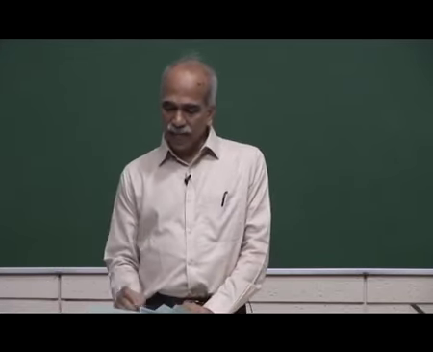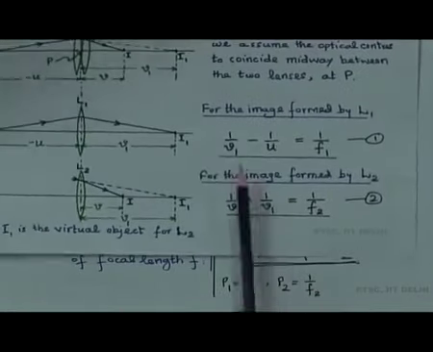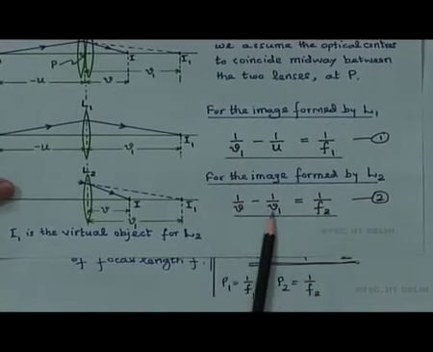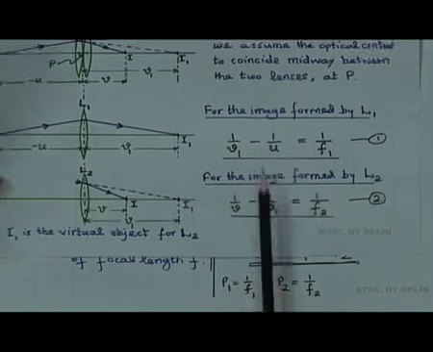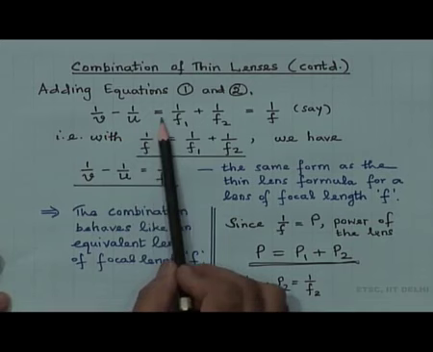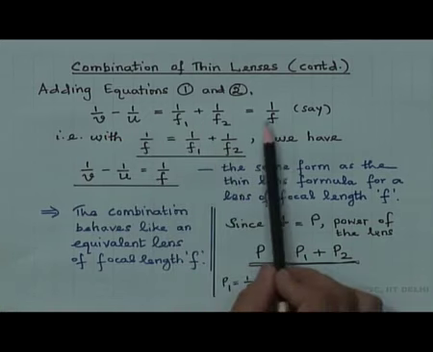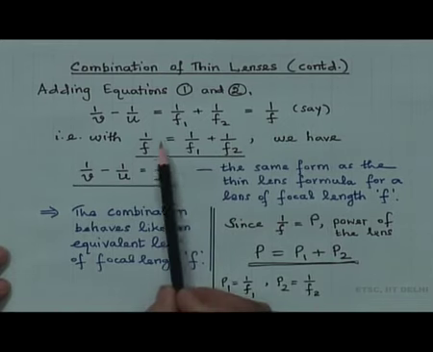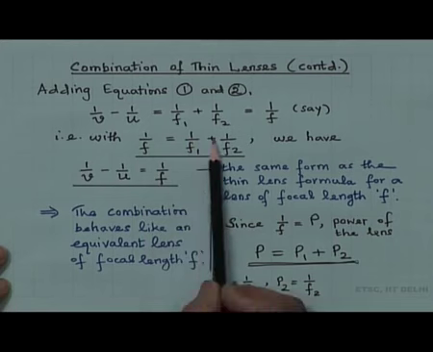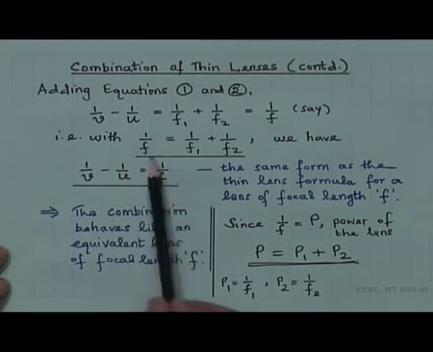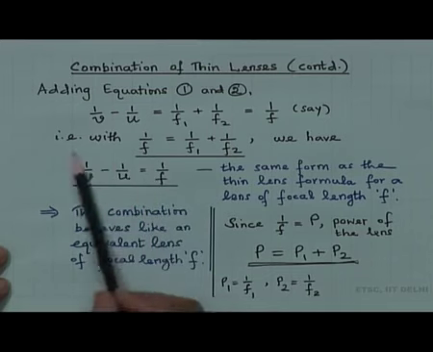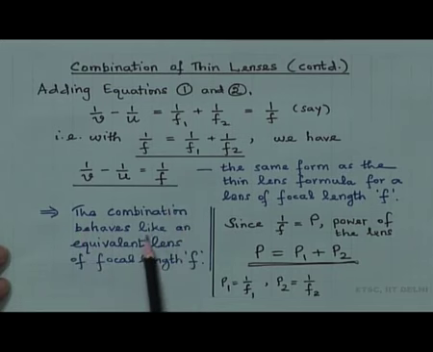For the combination of thin lenses, adding equations 1 and 2, we can see that 1 by V1 cancels, and on the right hand side we have 1 by F1 plus 1 by F2, and we are left with 1 by V minus 1 by U. So that's what is written: 1 by V minus 1 by U is equal to 1 by F1 plus 1 by F2, which is equal to 1 by F. That is, with 1 by F equal to 1 by F1 plus 1 by F2, we can write 1 by V minus 1 by U is equal to 1 by F. This is of the same form as the thin lens formula for a lens of focal length F. This implies the combination behaves like an equivalent lens of focal length F.